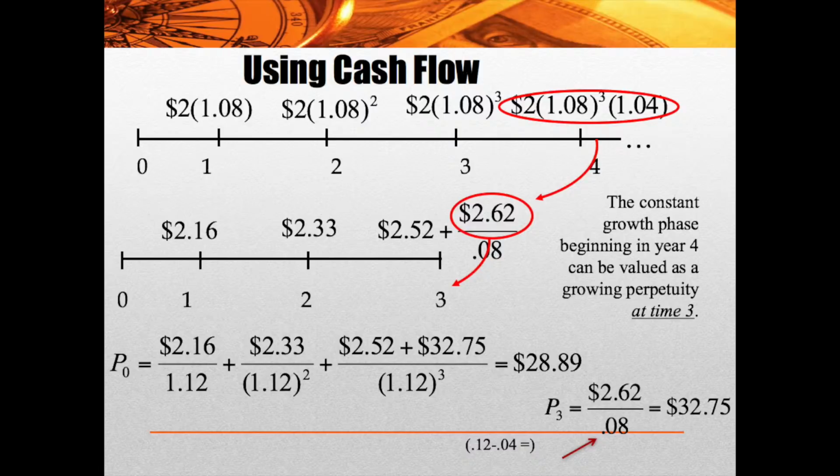So 2.62 is D1 divided by 0.08, which is R minus G, R being 12%, G being 4%. 0.12 minus 0.04 is 0.08. If you divide those two, you get 32.75. So the constant growth, going all the way into the future for the rest of time, is worth 32.75 at period 3.